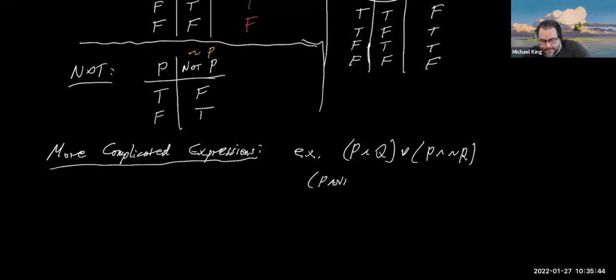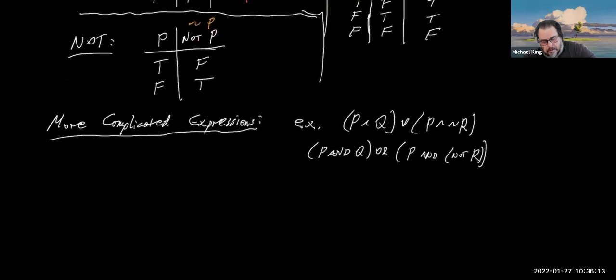So, P and Q, or P and, I would put not R like that. Maybe these symbols are useful for shorthand. So what's the truth table for that? What combination of P, Q, and R being true and false makes this true?